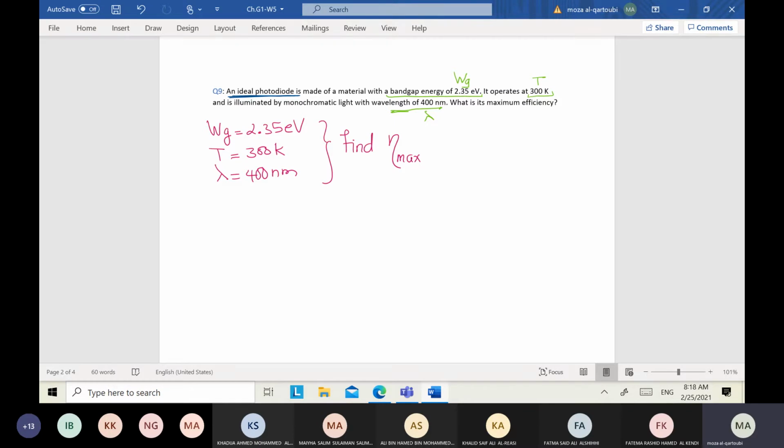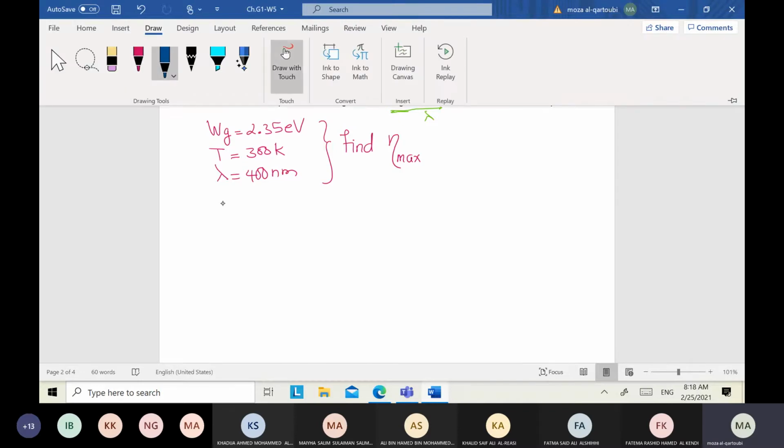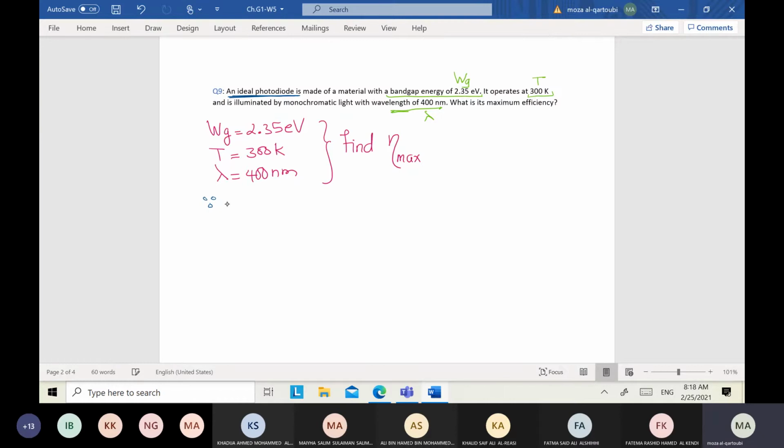So the first note here, I've written this note because the question gives an ideal photodiode, that means, therefore, we have efficiency of 100% quantum efficiency.